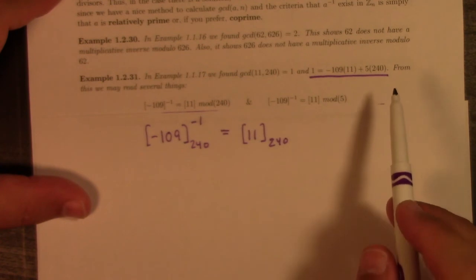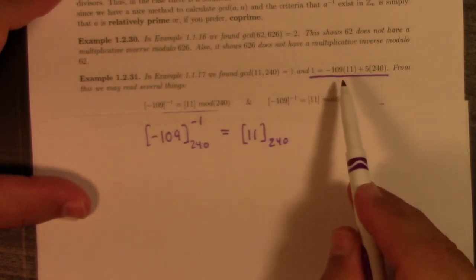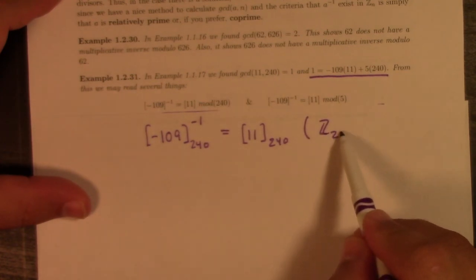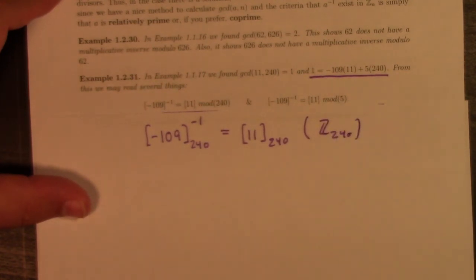That's one thing we could see, but we could also look at this in terms of Z5. So this is a comment about something we learned about Z240 from that.